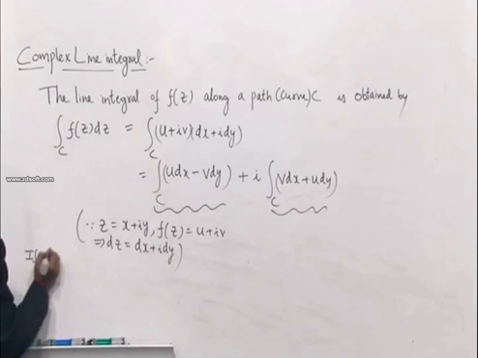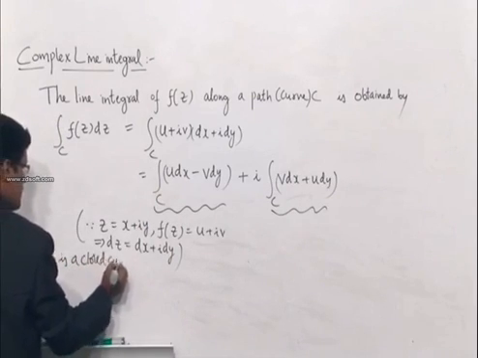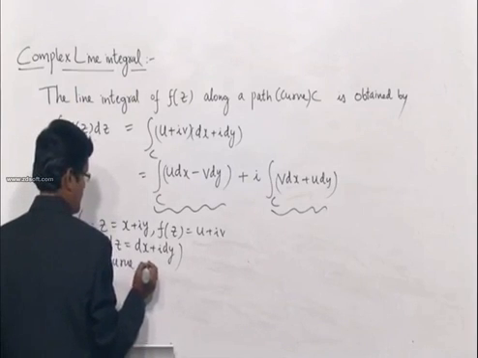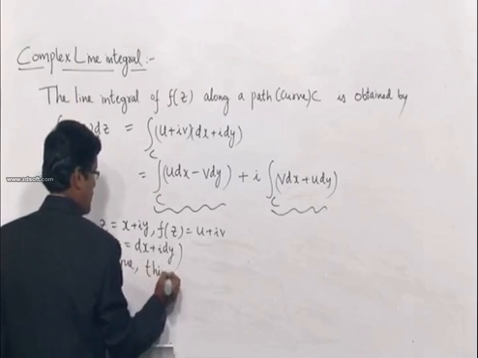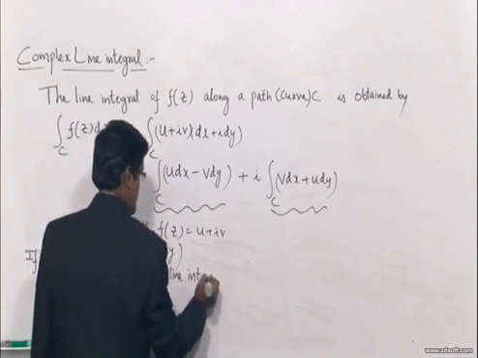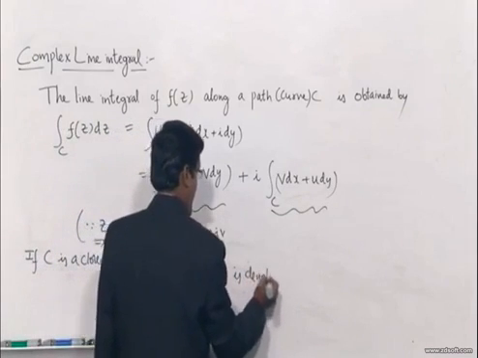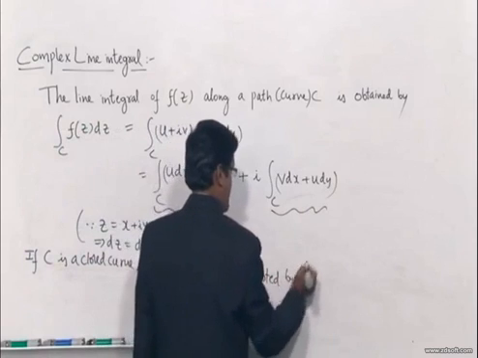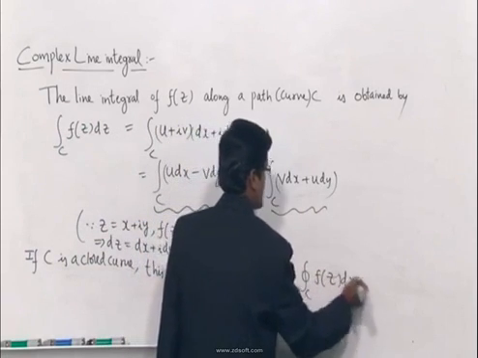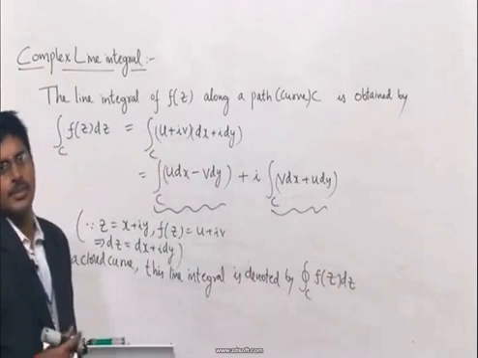If C is a closed curve, this line integral is denoted by a closed integral over C. Just vector treatment earlier, here complex treatment. Vector line integrals were given, here now the complex line integral, f of z dz.